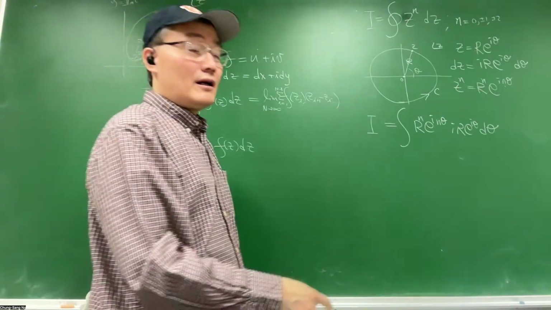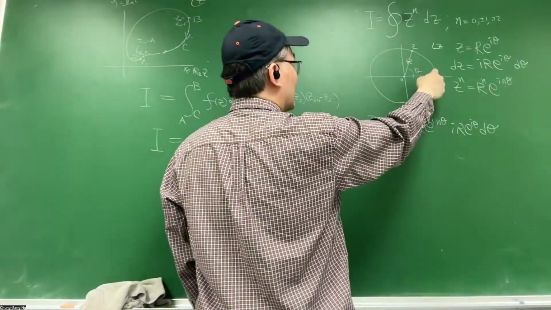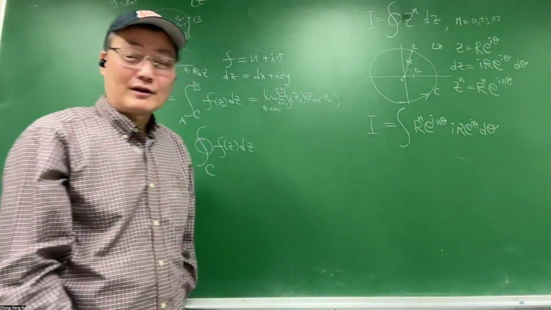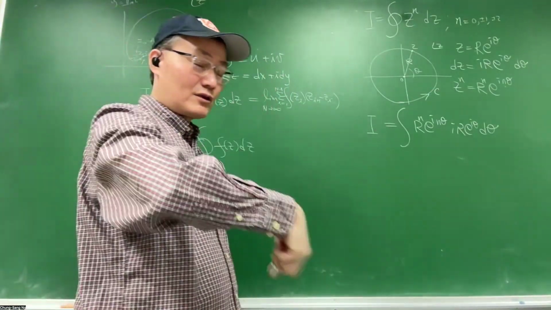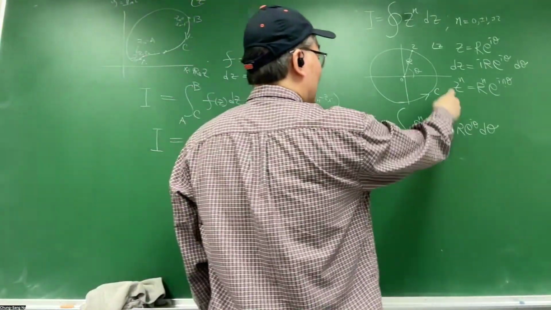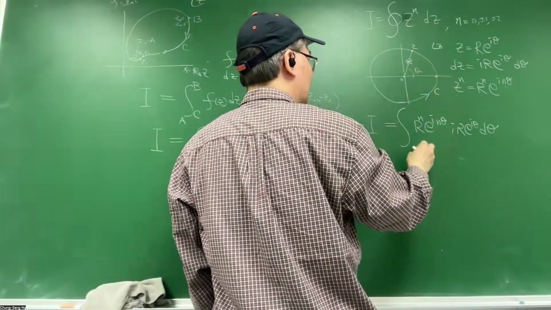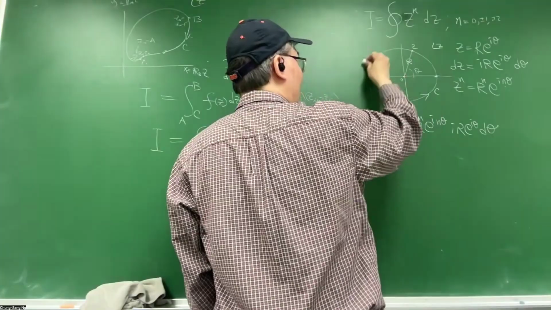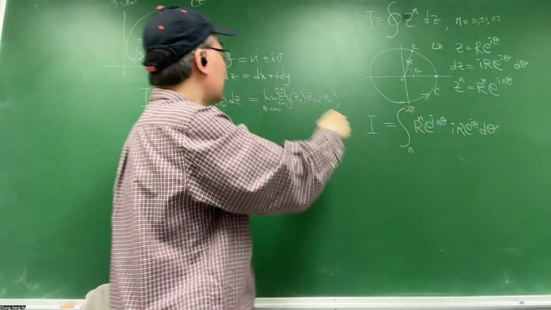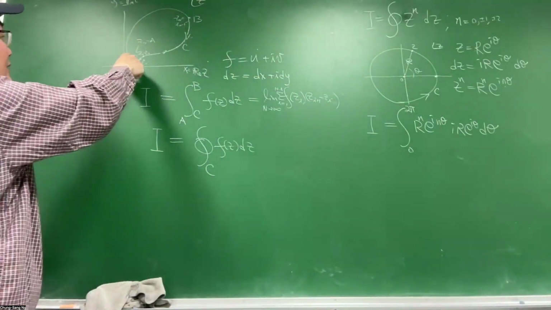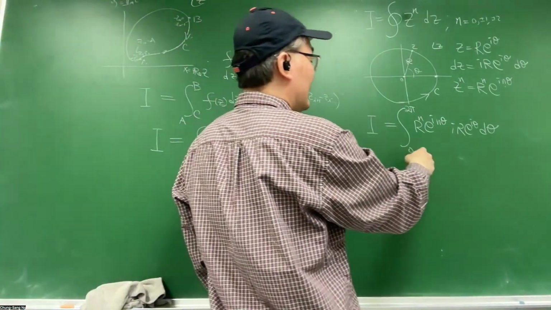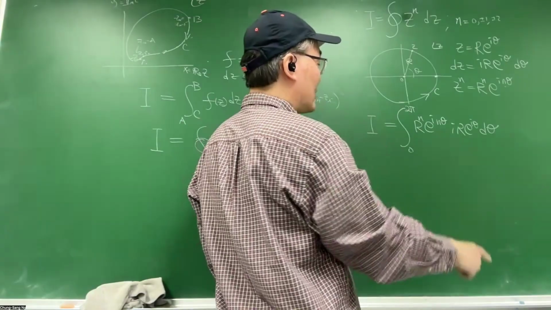And the loop, you can start at any point, just going around 2 pi with the whole circle. So you can start theta from 0 and go to 2 pi. 0 is here, going around to 2 pi, going back to here. So A and B are the same point now. And this integral is obvious.